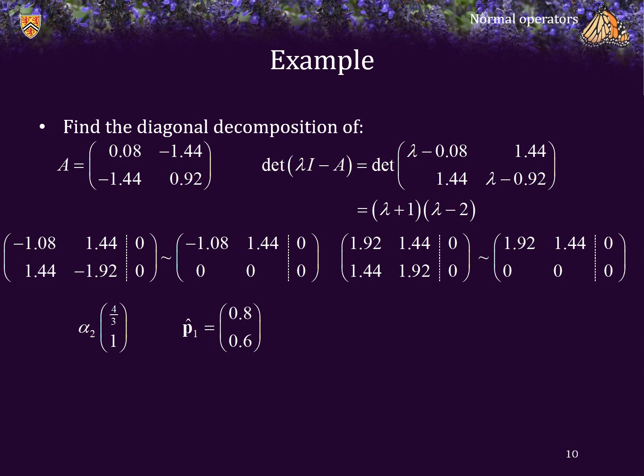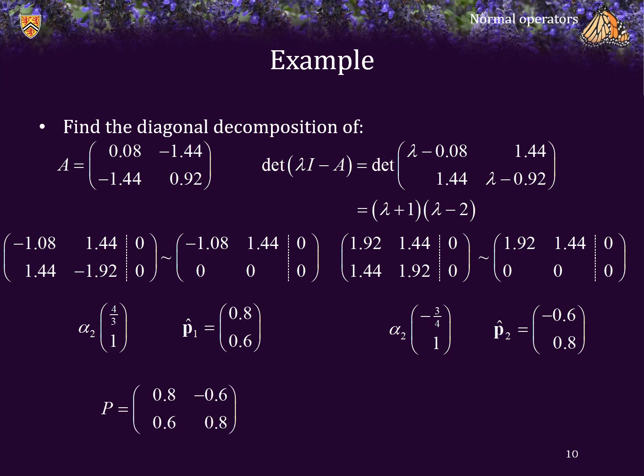So consequently, once again, alpha 2 is free and alpha 1 is equal to negative 0.75 or negative 3/4 times alpha 2. Once again, we can normalize this vector to get that the second normalized vector is negative 0.6, 0.8. And as you can see, that is orthogonal to the first normalized vector.